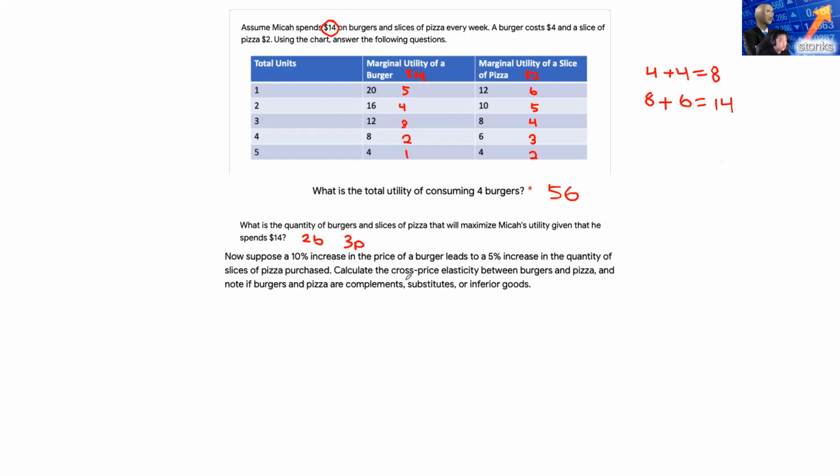And our next question, now suppose there's a 10% increase in the price of burger that leads to a 5% increase in the quantity of slices of pizza purchased. When you see this, it's obviously cross price elasticity, and we have to figure that out. Between burgers and pizzas, we put pizza on top, burgers on bottom, and we get 1/2.